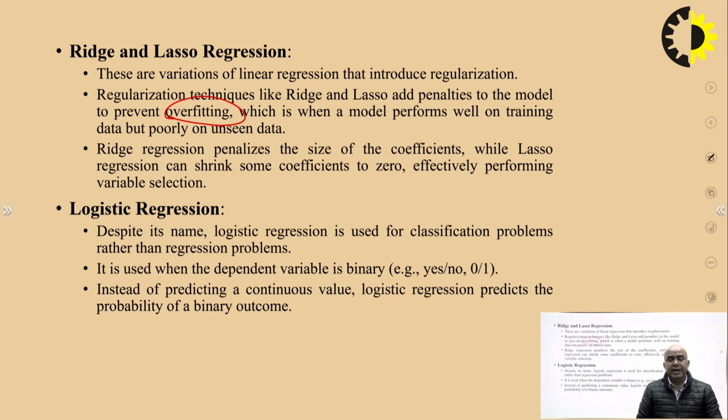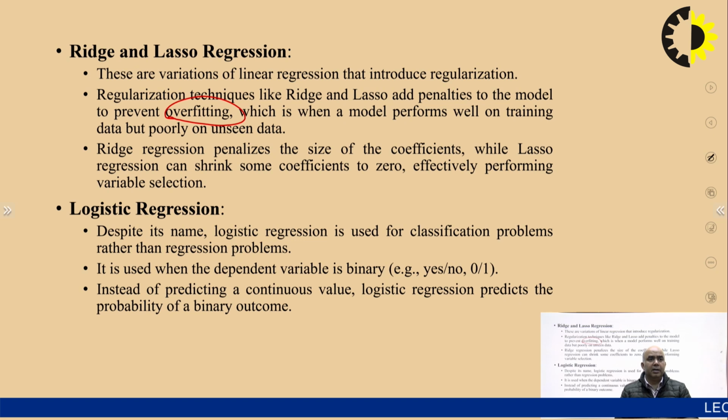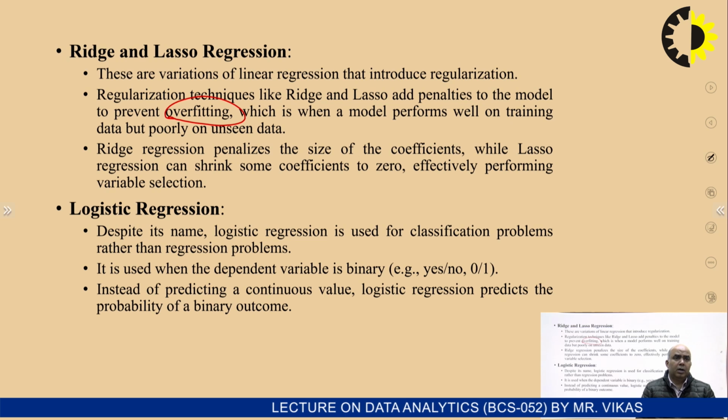But when we provide unseen data, the model does not perform well, and that leads to overfitting. There are various scenarios in which we can have overfitting. Overfitting and underfitting are major problems.